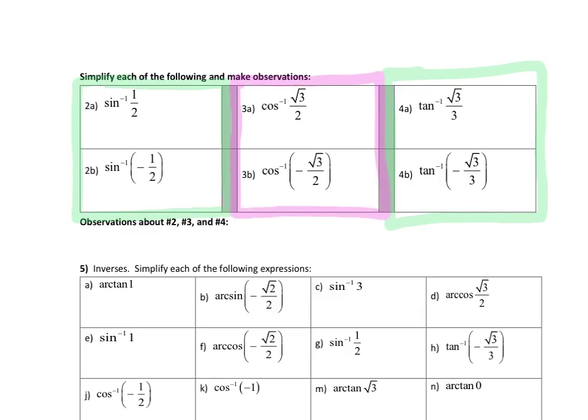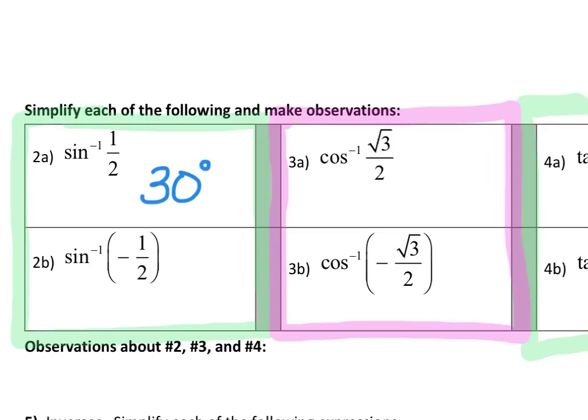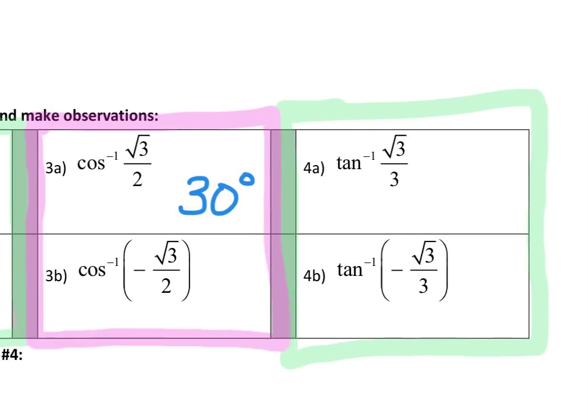Having said all of that, for all three, sine, cosine, and tangent, if the input is positive, your answer is in the first quadrant. So inverse sine of 1/2 is 30. Inverse cosine of radical 3 over 2 is 30. And inverse tangent of radical 3 over 3 is 30.